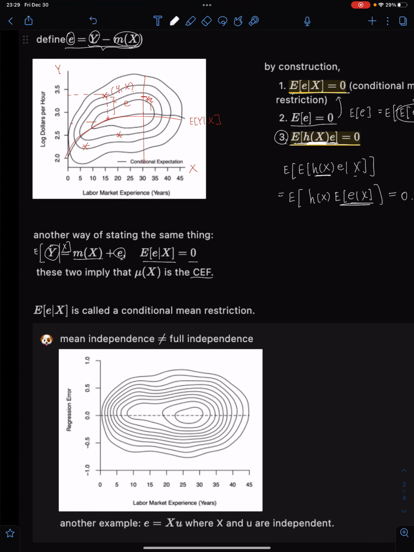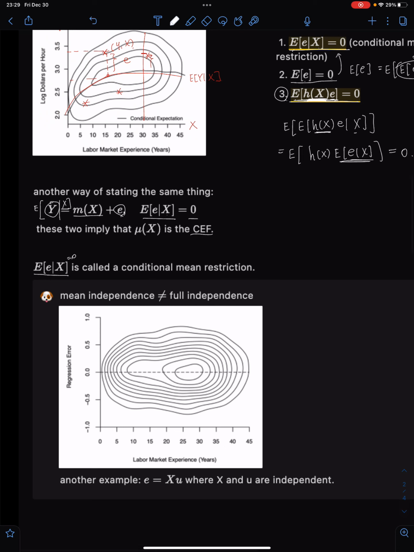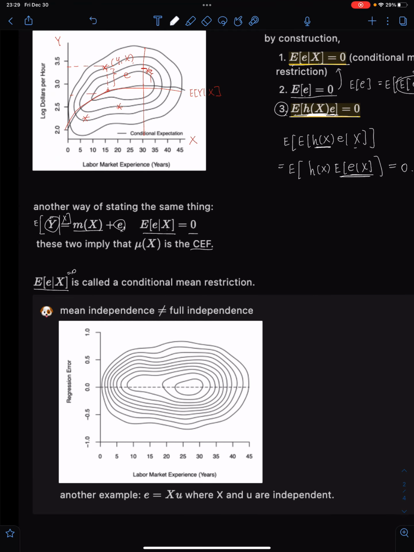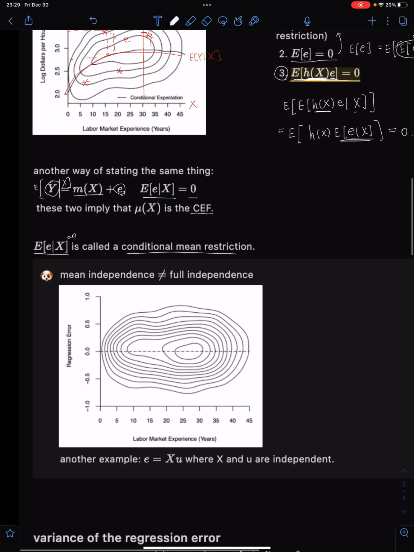Okay, so again, we have seen that the expectation of e given x equals 0 is an implication of our conditional expectation function and also the way that our errors are defined. And this condition is called a conditional mean restriction or mean independence.